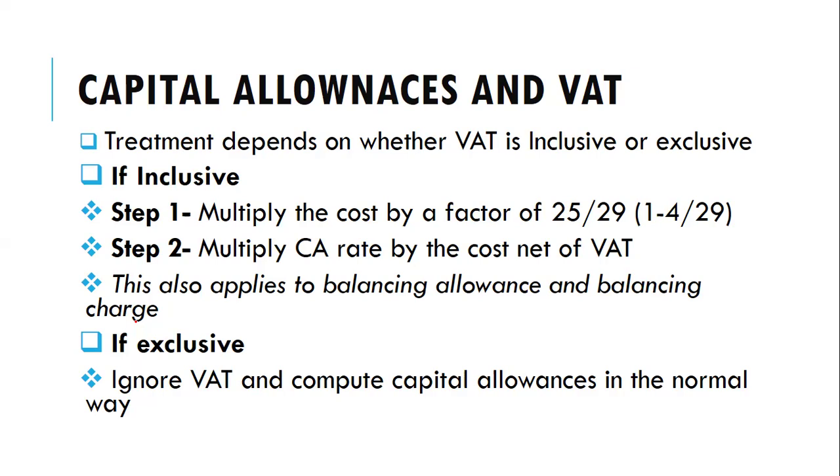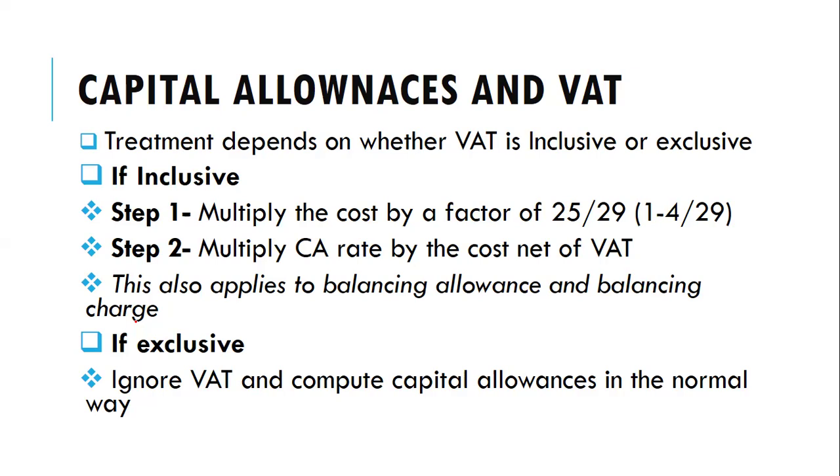We remove the value added tax by multiplying by a factor of 25 over 29, which is just 1 minus 4 over 29. But if the VAT won't be recovered, for things like personal to holder, you just keep the cost as it is because the cost is VAT inclusive, and you will not claim the VAT.